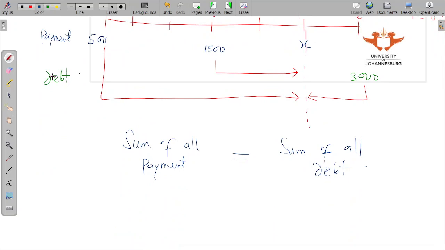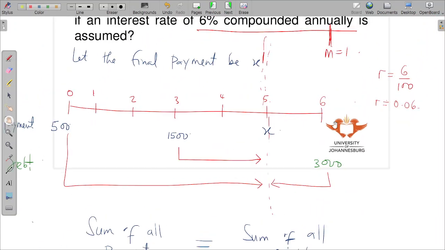So one of the payments is 500 times 1 plus our rate 0.06 raised to power 5, because this is 0.06.